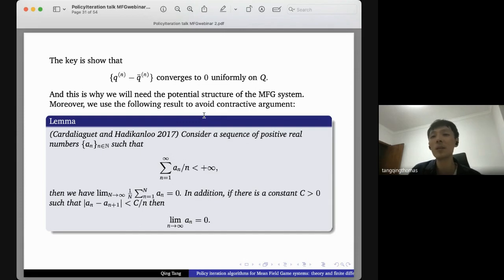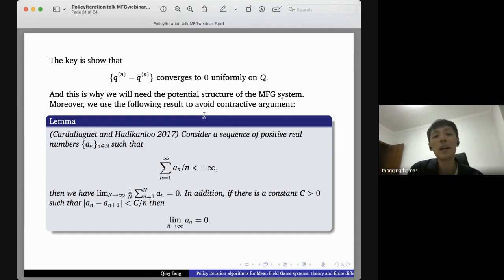It was explained in the survey paper by Mathieu Laurière on learning mean field games that sometimes using contraction could be a problem, that it's difficult to get a quantitative estimate, which is exactly the same thing I explained here. I have a constant C. I cannot assume how big C is, and so on. I can constrain it if I assume a small time horizon and so on. But what if I don't? I want to do general results.